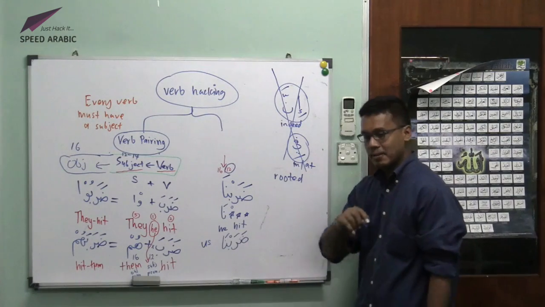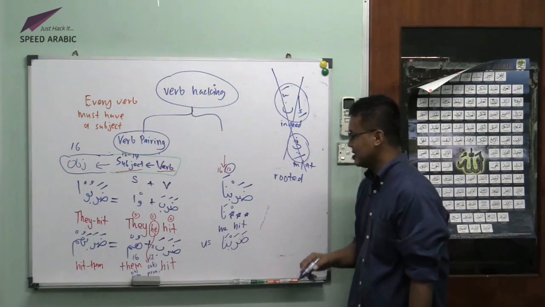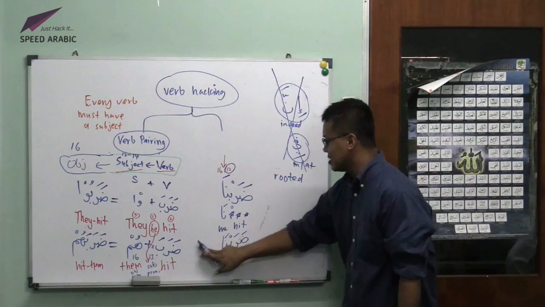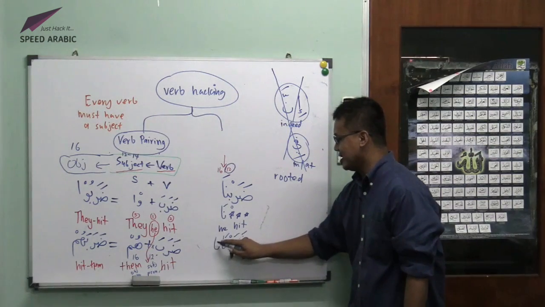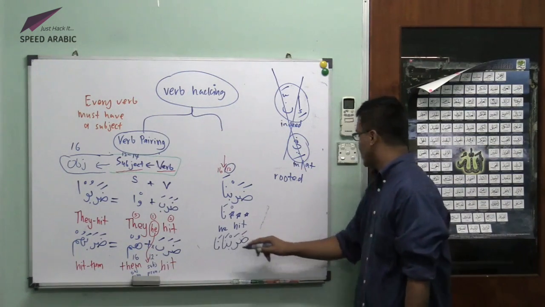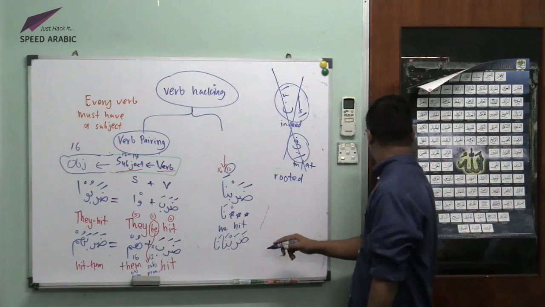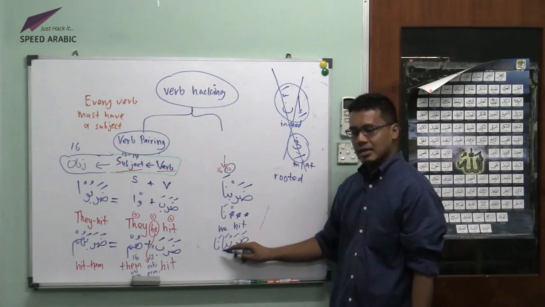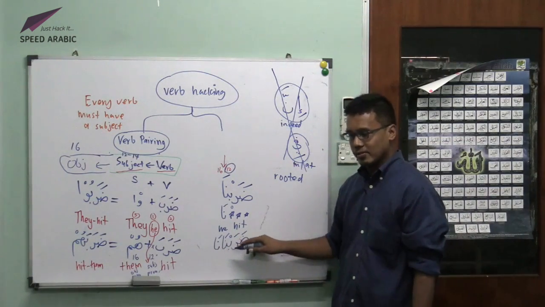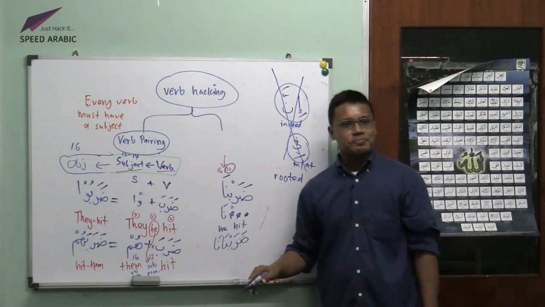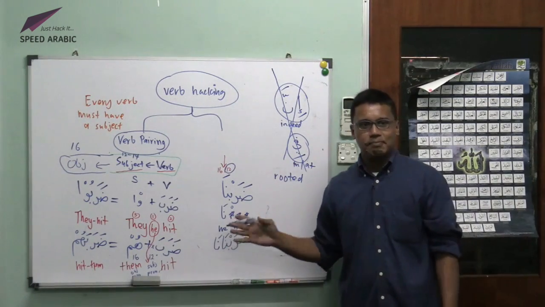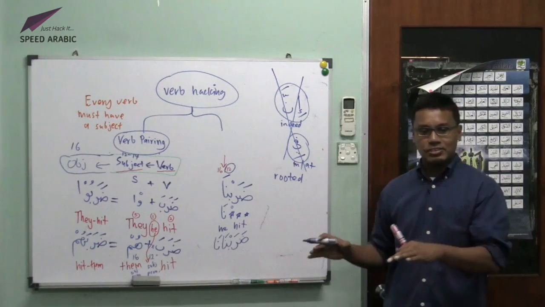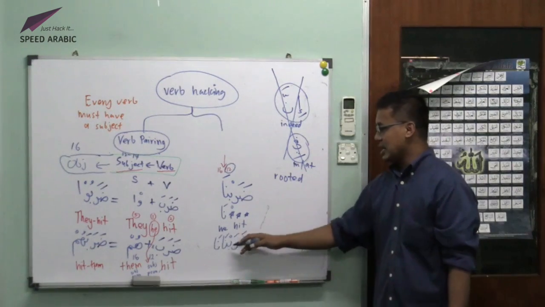How do you say us in Arabic? Na at the back, right? So it becomes na at the back. So darabna na. Darabna na. I don't think anyone says this, but I'm just trying to drive across a point. Darabna na.